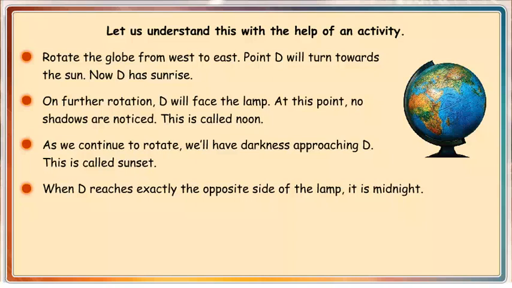Now D has sunrise. On further rotation, D will face the lamp. At this point, no shadows are noticed. This is called noon. As we continue to rotate, we'll have darkness approaching D. This is called sunset. When D reaches exactly the opposite side of the lamp, it is midnight.